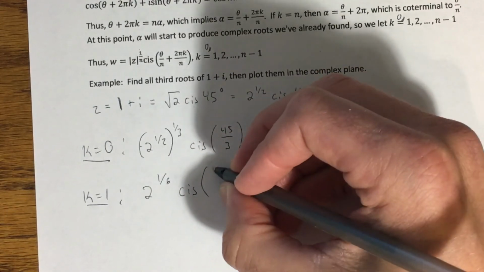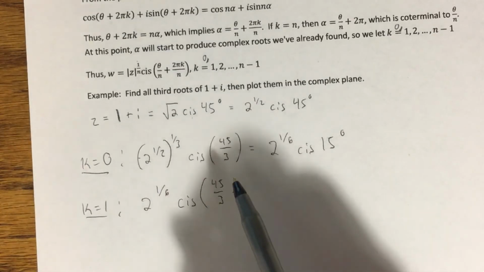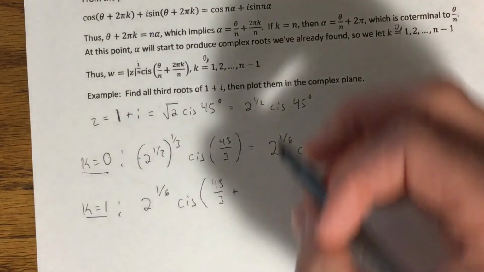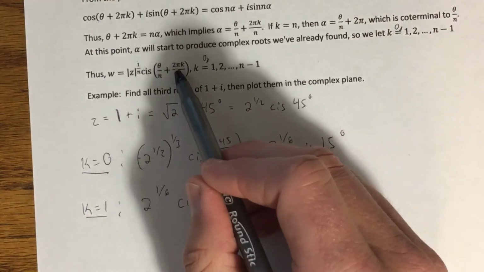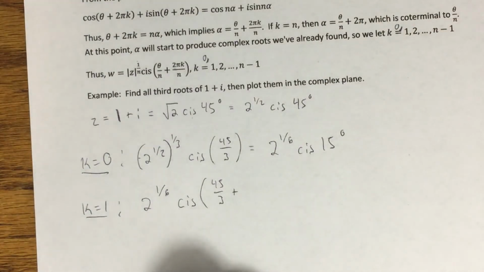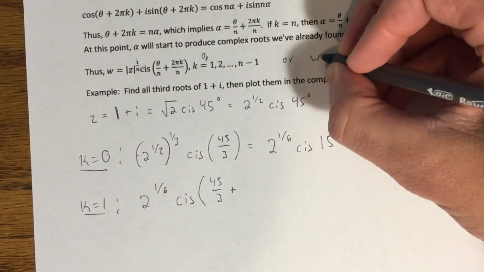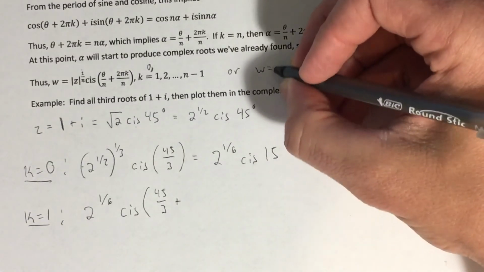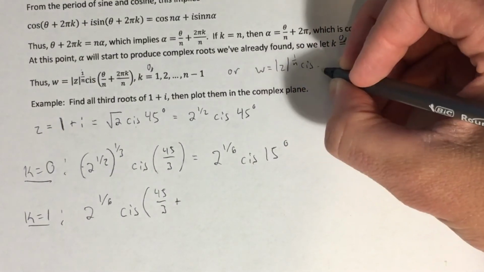Well, I'm going to have cis of 45 over 3 plus, now this becomes, in fact, because I'm using degrees, let me make a little adjustment here. The 2 pi here is strictly for when we're dealing with radians. So the degree version of that, if we're working with degrees, would look like this.